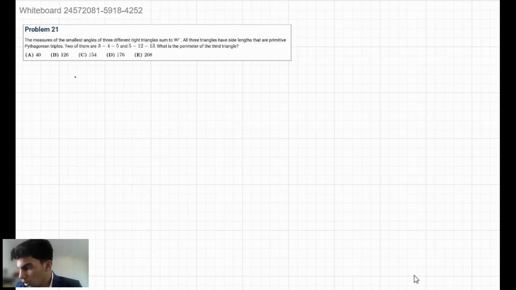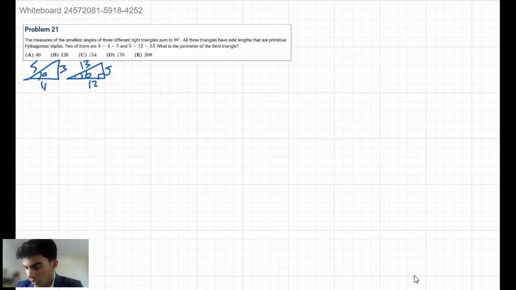All right, well, let's define A and B to be the values of the angles of the two right triangles. So this is the 5, 12, 13, and this is the 3, 4, 5 triangle.